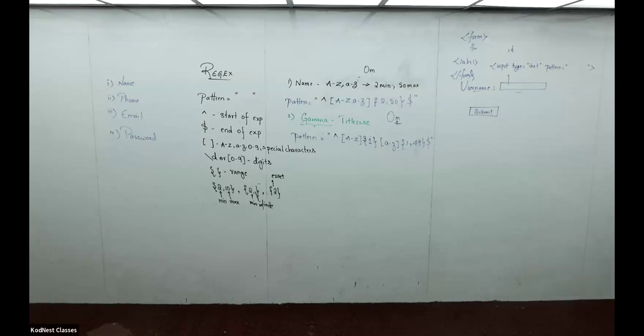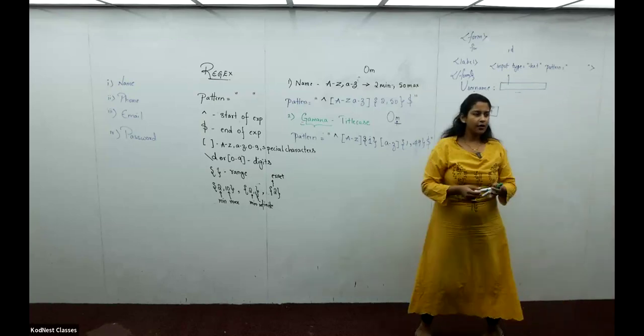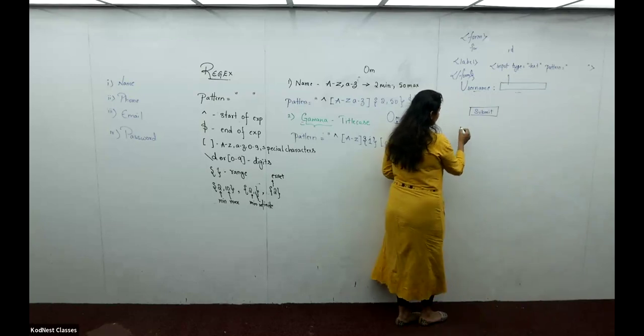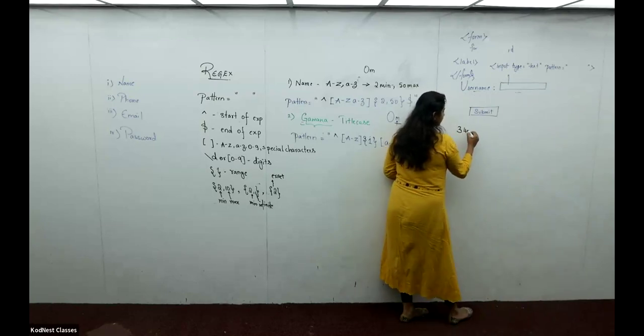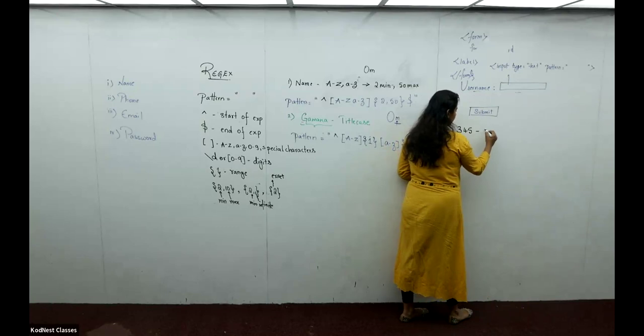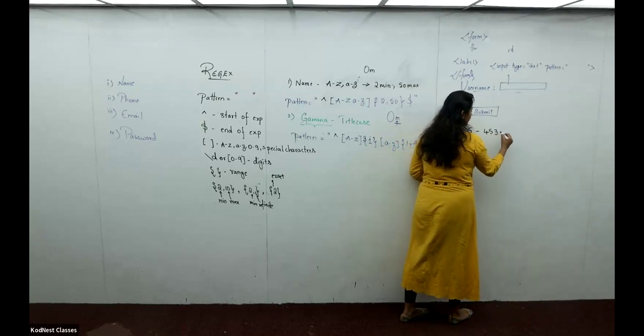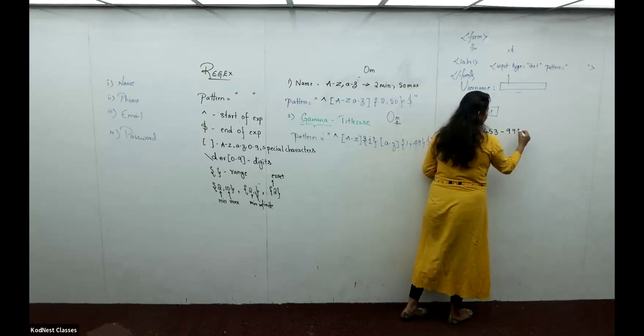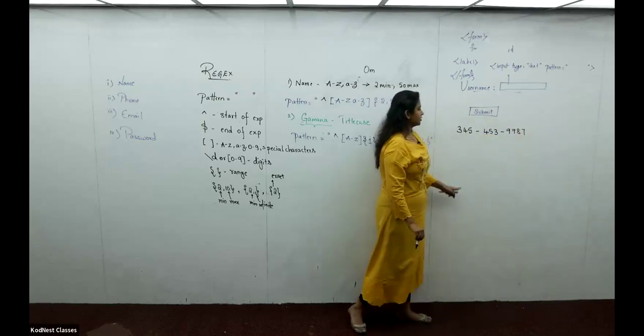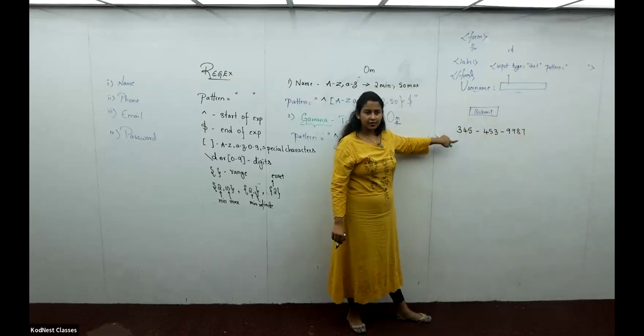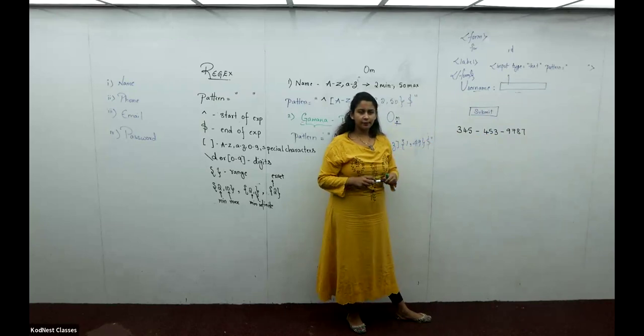Okay, guys. Now let us see the phone number validation. What is the phone number validation I have just told? 3 digits separated by hyphen, again 3 digits separated by hyphen, and again 4 digits. So 10 digits are there. How do you write a regex for this?